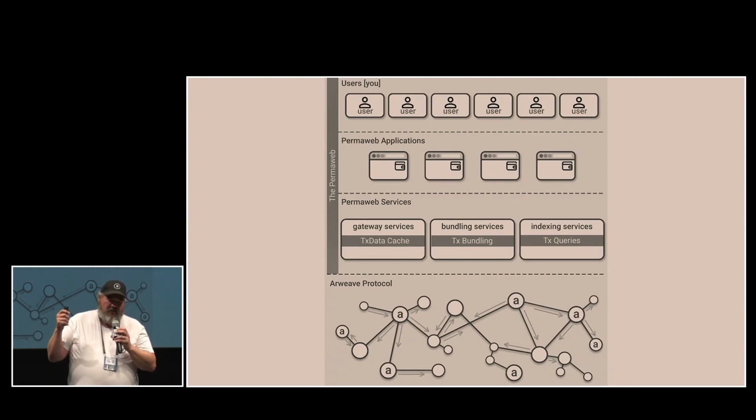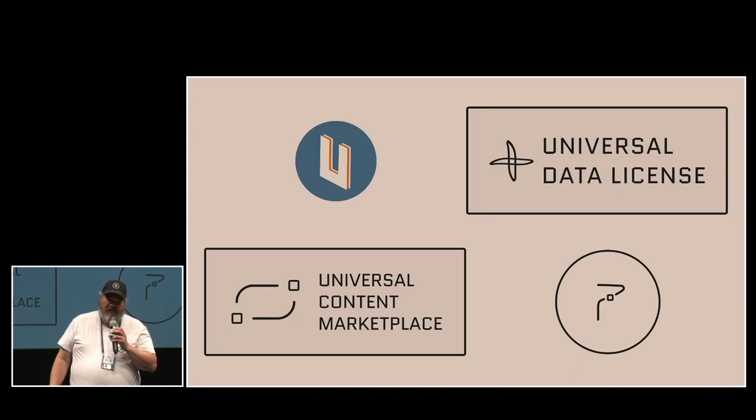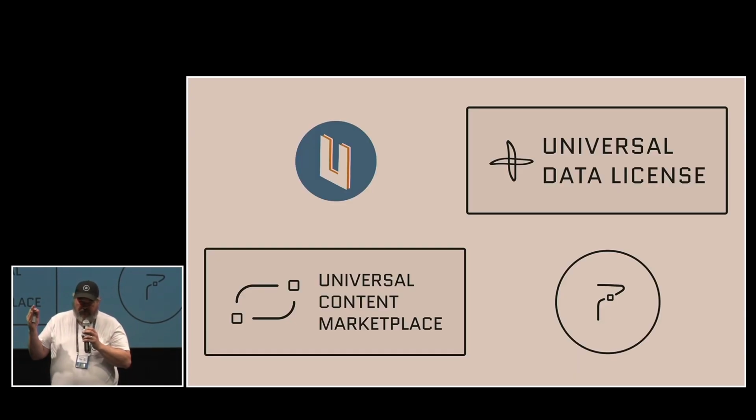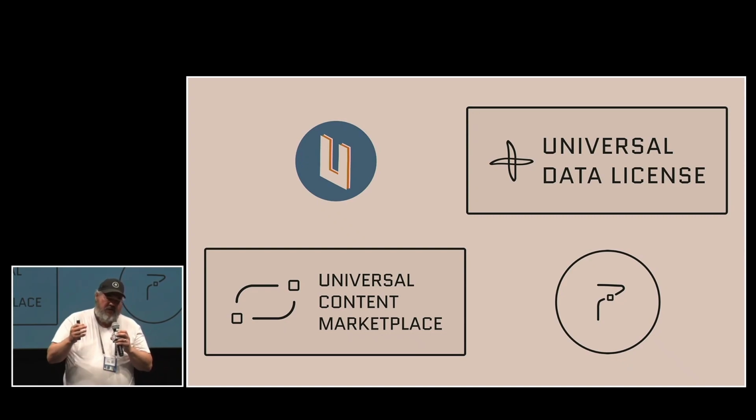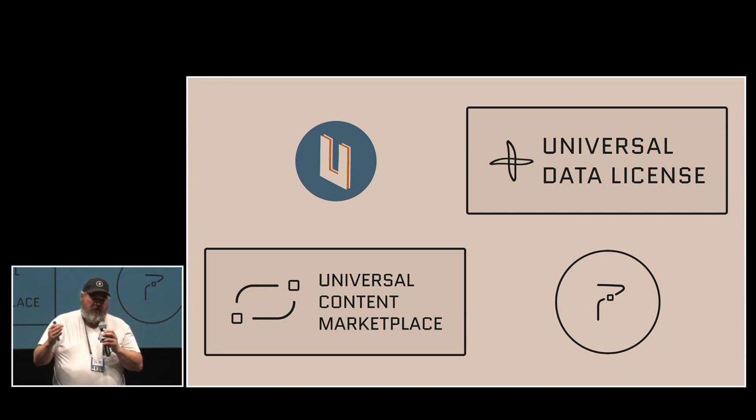And then as we go into Bazaar, we have some tokens and we have some services that really are the foundation of Bazaar. We have the U token, which stands for Unit of Account on Arweave. And the way that I like to think of it is it's the medium of exchange for the Permaweb.